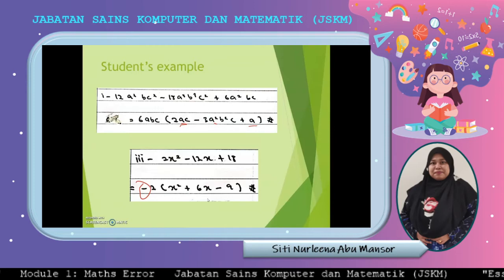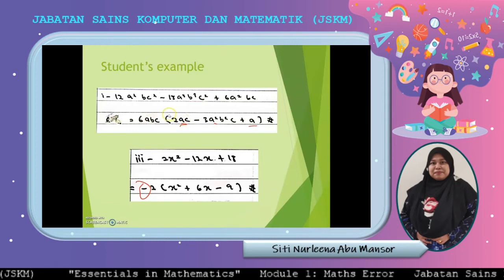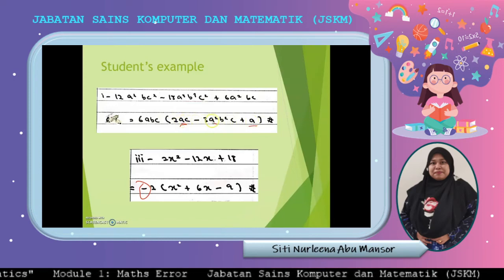These are some of the students' examples on factorization that they got wrong. Let's see this one. We can see here that this student has already factorized 6abc, but in the bracket there are still a's in all 3 parts of the equation, which means that this is a common factor that you can factorize.